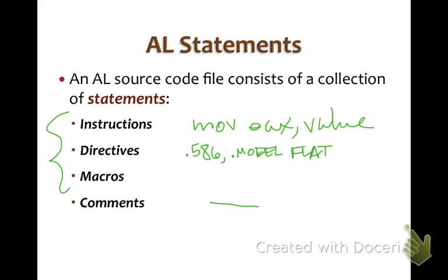Not all directives start with a dot. It's just those two come to mind. I'll show you when we go over this first example. We'll talk a little bit more about all the different types of directives.